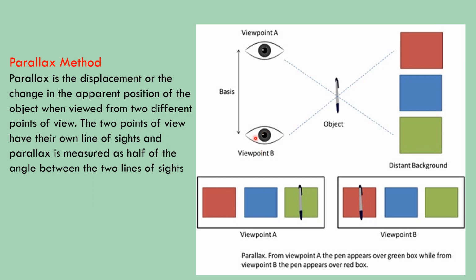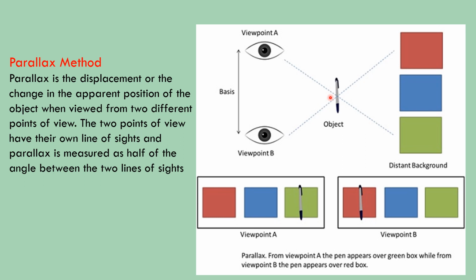Close your right eye, then see the object with your left eye. When you see the object with your left eye, this object, the pen, will appear over the green box, otherwise green background. Now close your left eye, then see the object, the pen, with your right eye. Then this pen appears over the red box, otherwise red background.